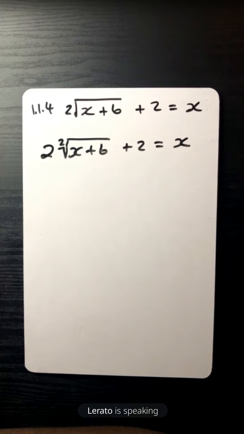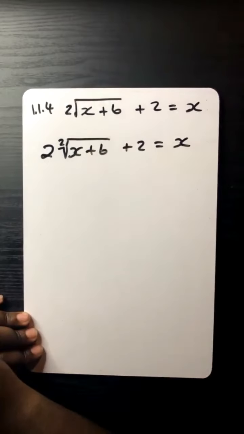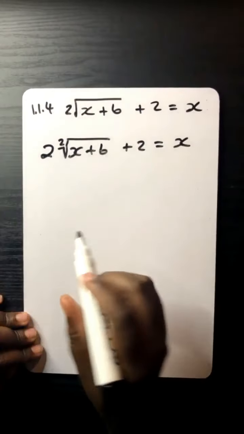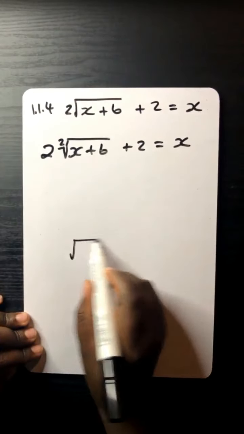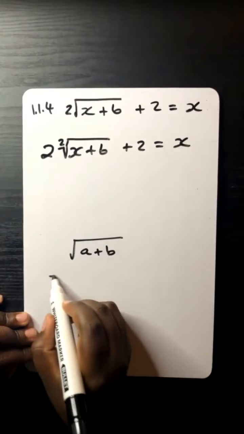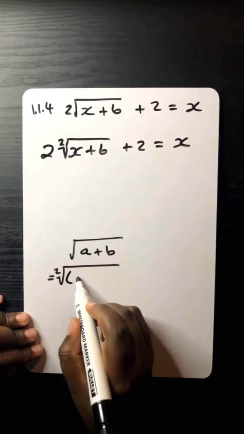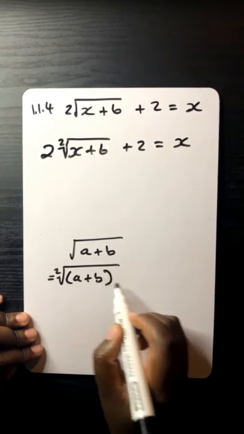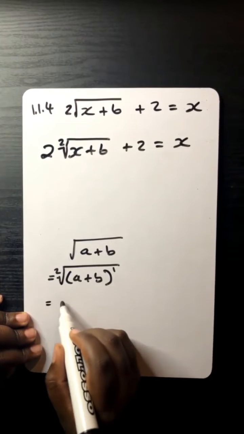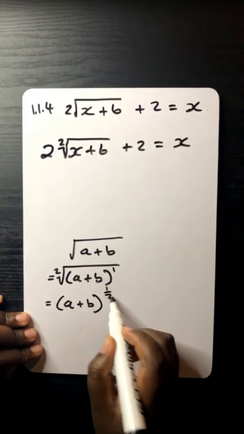Yes. Okay. So in this case, because inside the brackets it's not just one term, it's 2 terms, it's more like square root of a plus b, which is the same as a plus b in brackets to the exponent 1 over 2.